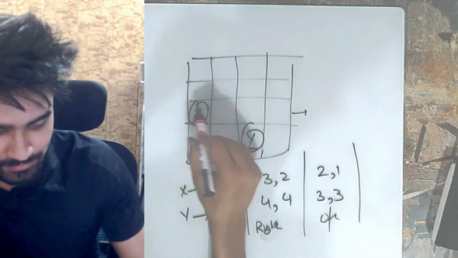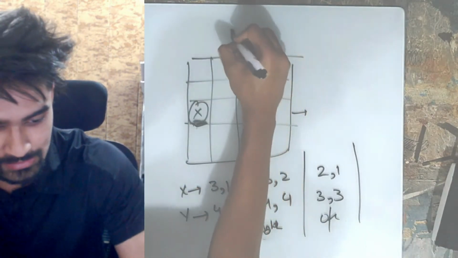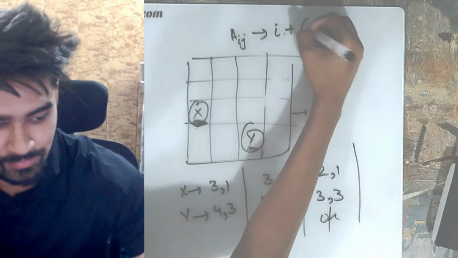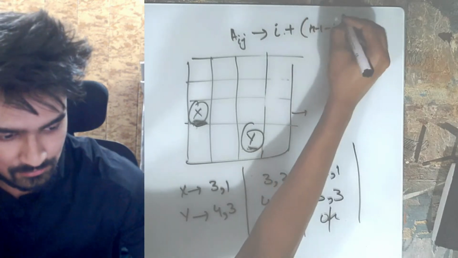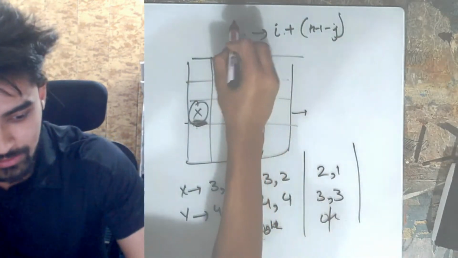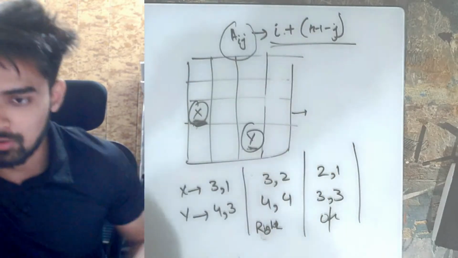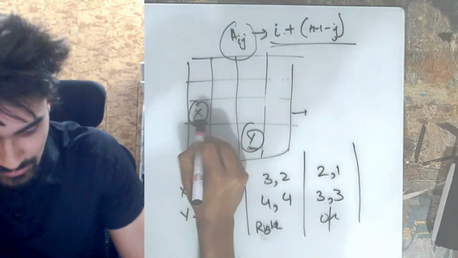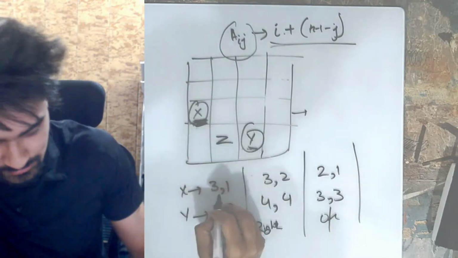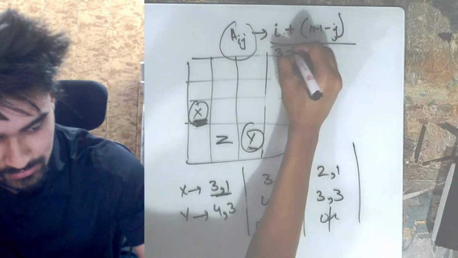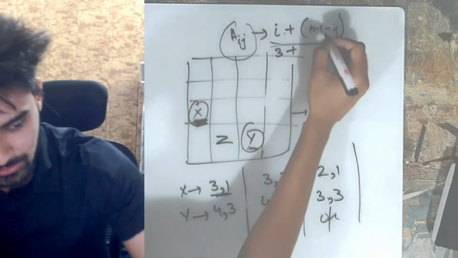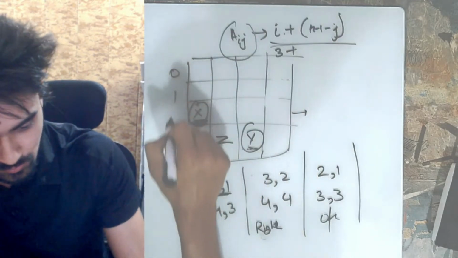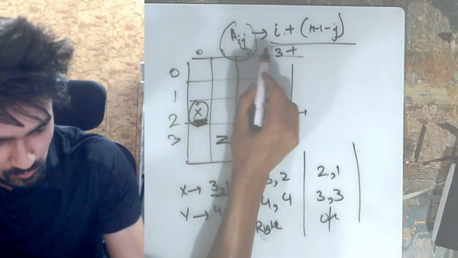What I did was I marked all my elements, any a[i][j], as i comma i plus n minus 1 minus j, and all the values which have the same value are all on the same diagonal. So if this is x and this is z, this x is 3 comma 1, which is 3 plus n minus 1, that is 4 minus 1 is 3, 3 minus 1 is what? This is 0 based indexing, 0 1 2 3.